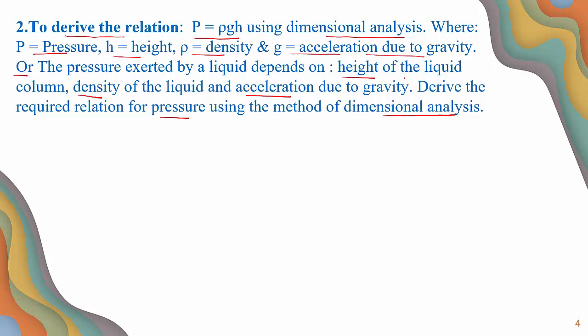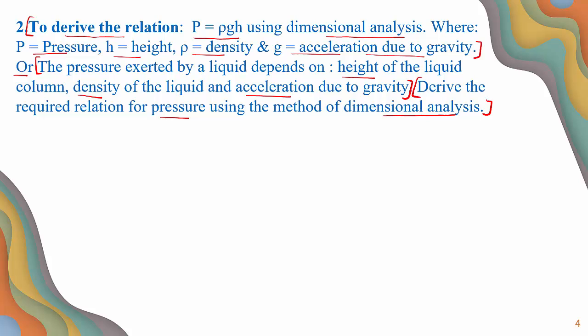So here in your examination, either they may ask the question to derive the relation up to this, or they may ask the question: the pressure exerted by the liquid depends on height, density, acceleration due to gravity, or they may ask: derive the required relation for pressure using the method of dimensional analysis.